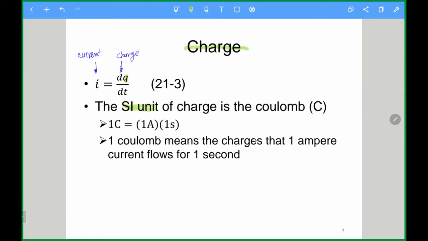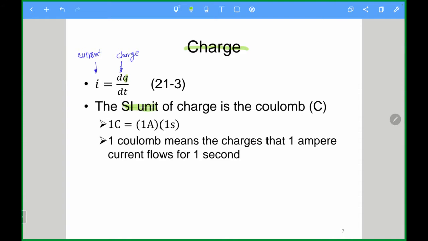SI unit is very, very important. You actually need to memorize the SI unit for different variables, at least the common variables, so that you can use equations to construct composite SI units.